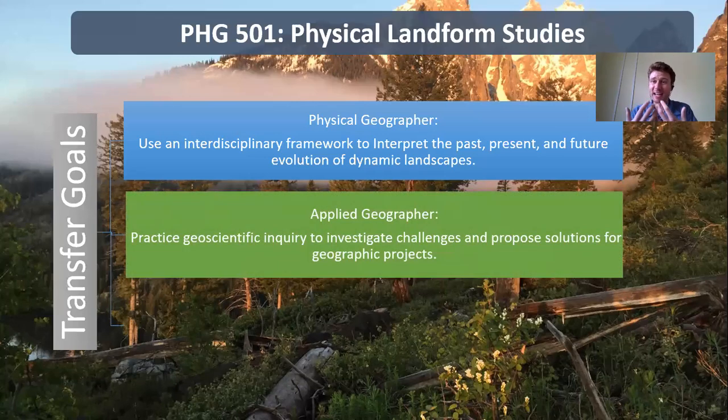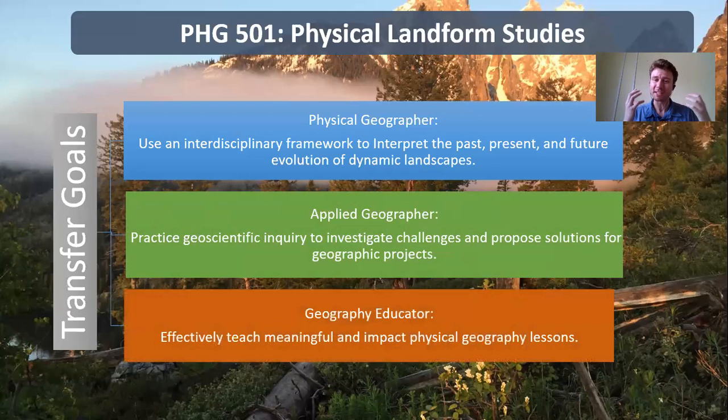You're going to get skills as an applied geographer, able to practice geoscientific inquiry to investigate challenges and propose solutions for geographic problems. And ultimately, we're here to be geography educators, to effectively teach meaningful and impactful physical geography lessons. So these three transfer goals are what our course will revolve around.